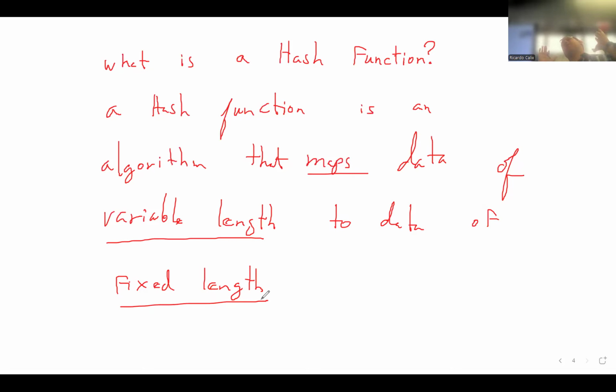But that algorithm will always produce just a sequence of 256 bits, for instance, fixed length, regardless. And the key thing is, if I go in that movie and change just one bit of the whole 3 hour movie, guess what happens to that hash value? It changes completely. Do you see how important that is? That's essentially what we're trying to build. That's why Bitcoin is so secure, right?